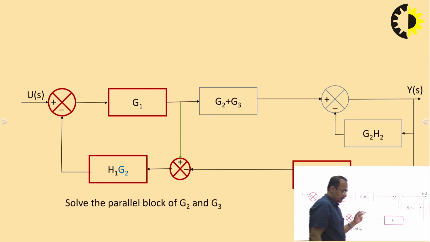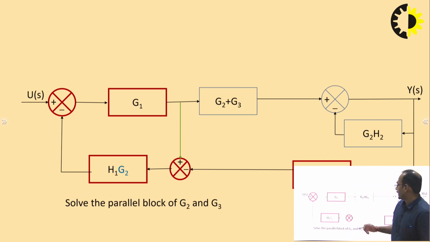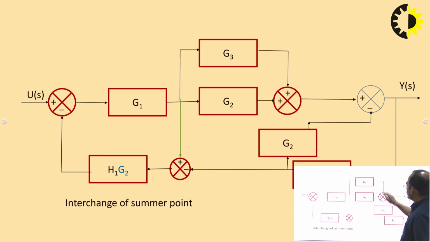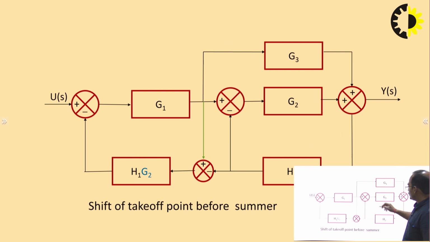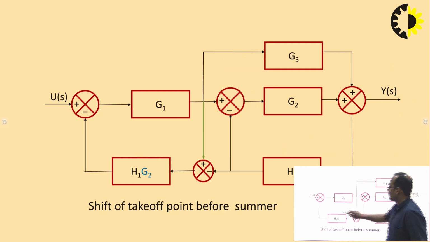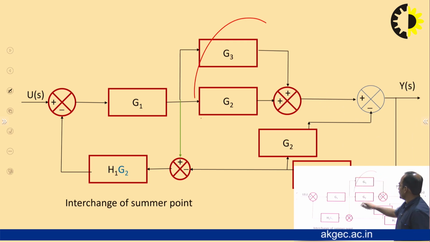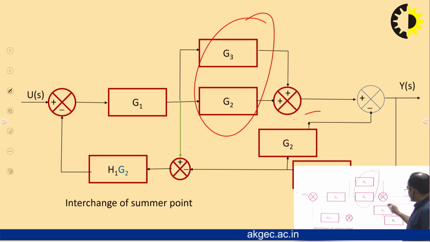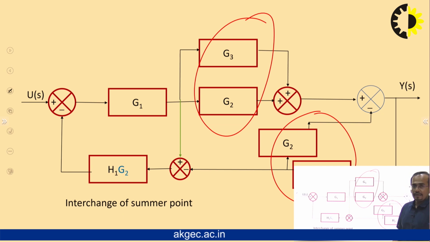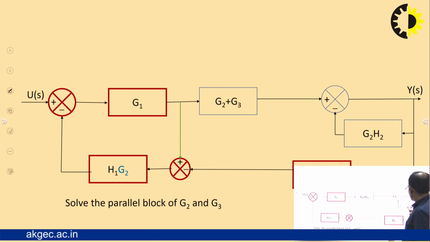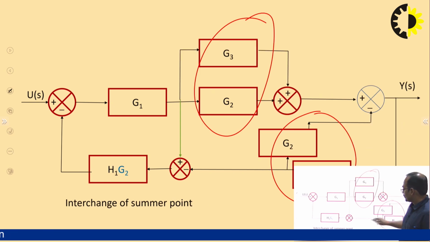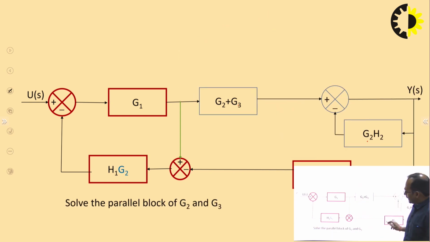After doing all this, you can see G2 and G3 are connected in parallel, and G2 and H2 are connected in series. So what will you get here? G2 plus G3 and G2 H2, and this H2 is connected with this. So you will get this.